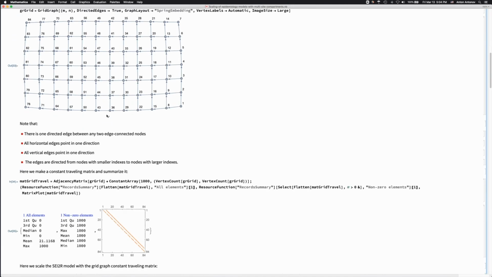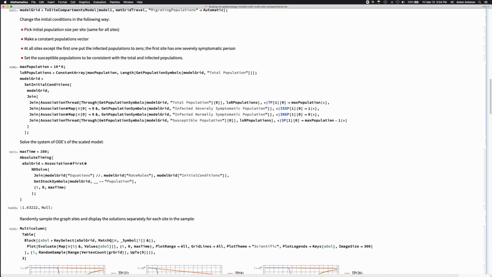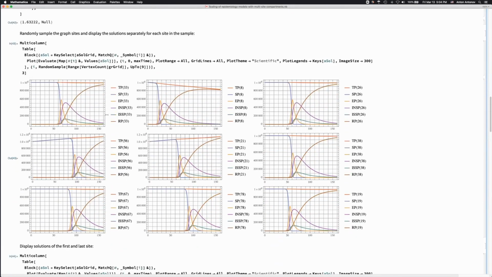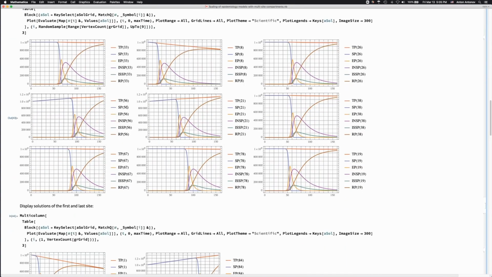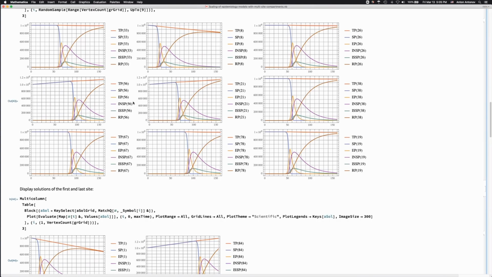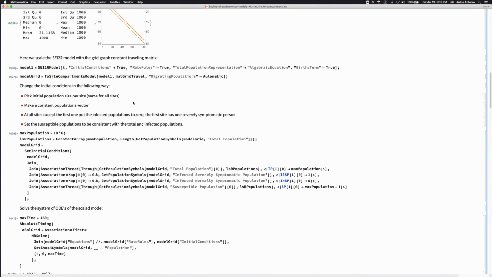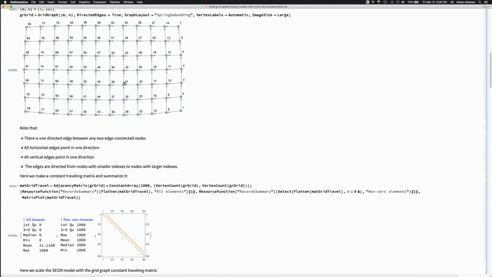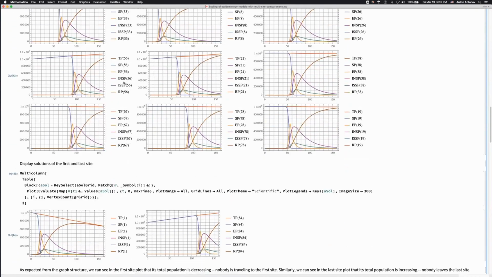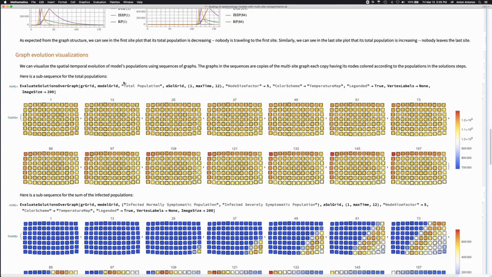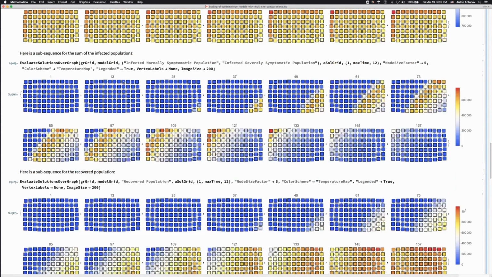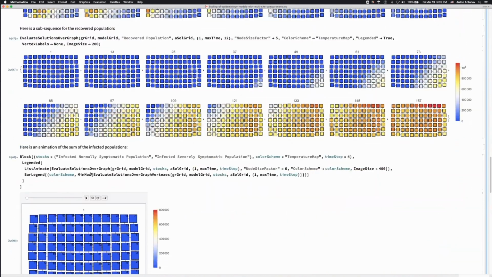So if I want to make a simulation of how a certain virus or viral disease is going to be distributed across this artificial country, one way to do that is with the model I'm presenting, and here we can see the simulations. This is just a teaser.